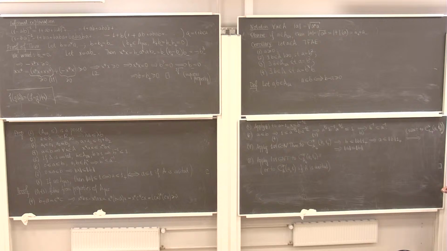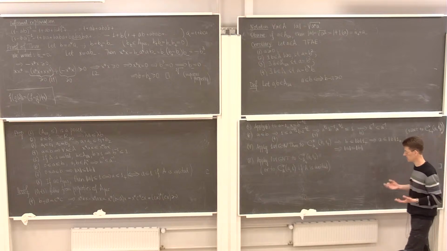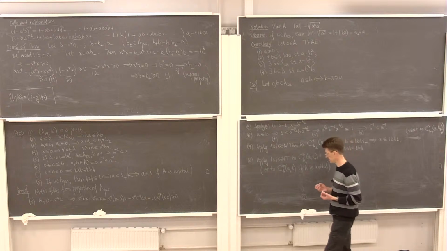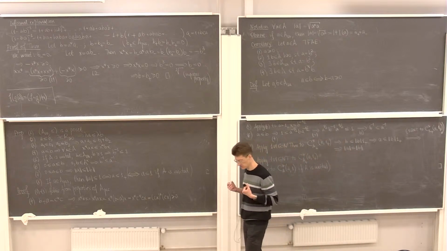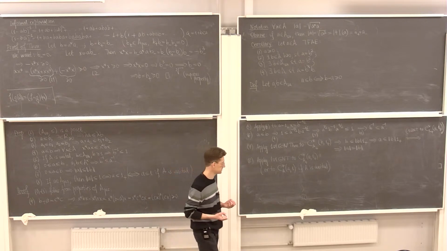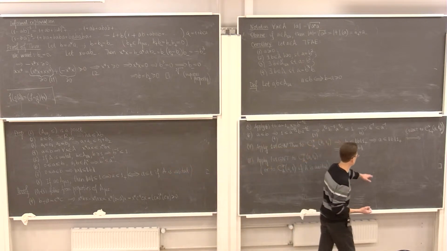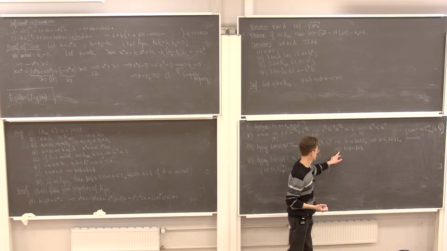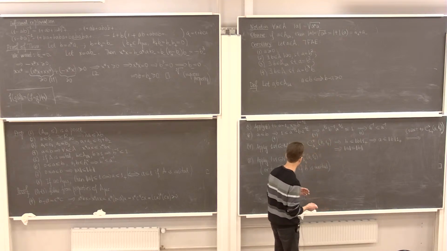So, basically the idea is that if we take a convenient commutative C-star subalgebra, then our problem reduces to a problem about continuous functions. And for continuous functions, this implication is trivial. And this one is also trivial.